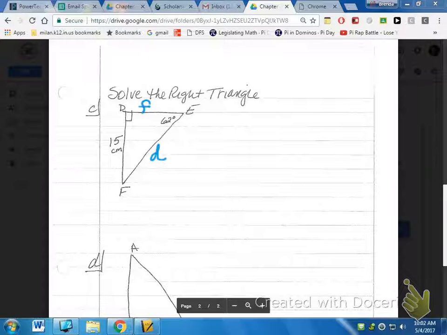So I'm going to find the measure of angle F by simply taking 90 minus 62. That makes the measure of angle F 28 degrees. We okay with that? Yes. That's all there was to part of it. You're a third of the way done.